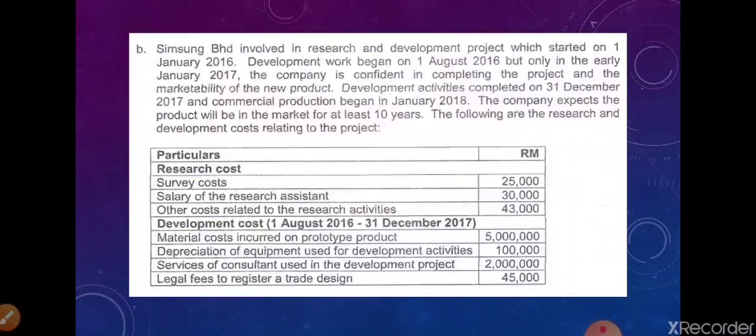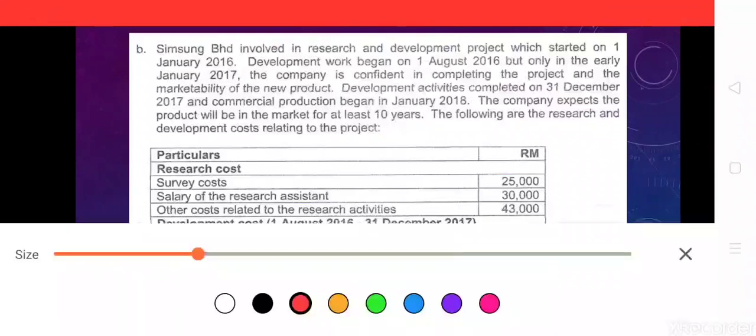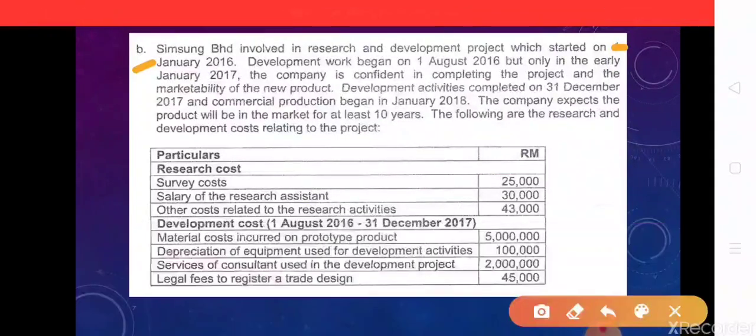Okay, so you have to note here that the research phase started on 1st January 2016, right? Next, development work began on 1st August, right?